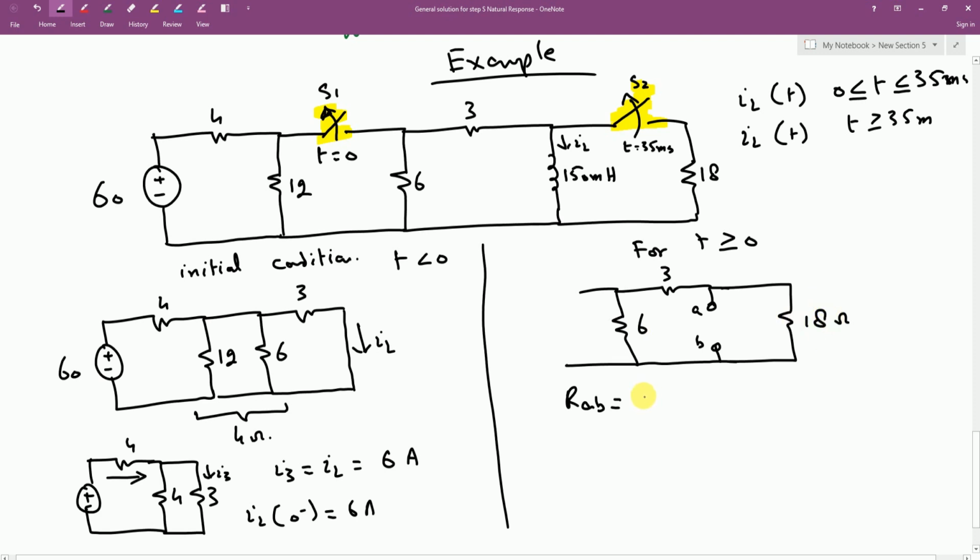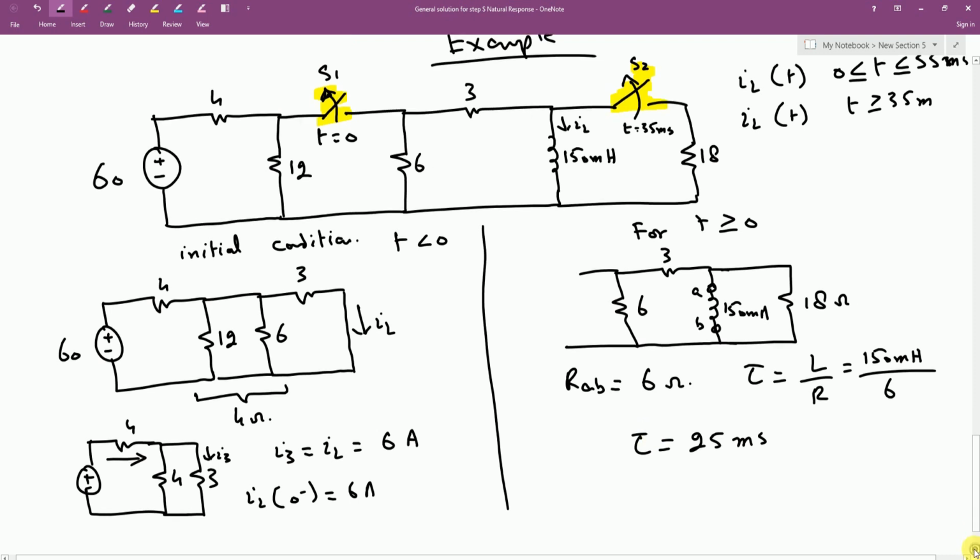So RAB is equal to 6 ohm. So the time constant for time t greater than or equal to 0, tau is equal to L over R, where L is equal to 150 millihenry. So this 150 millihenry divided by 6 provides me a 25 millisecond time constant tau for this particular network at t greater than or equal to 0.